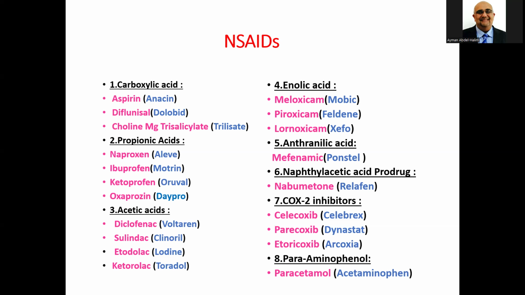The naproxen, in particular, is useful in cardiac patients. Oxaprozin, or Daypro, is a good drug, but it can give you false positive results in urine drug screening as a benzodiazepine. So be careful about this.